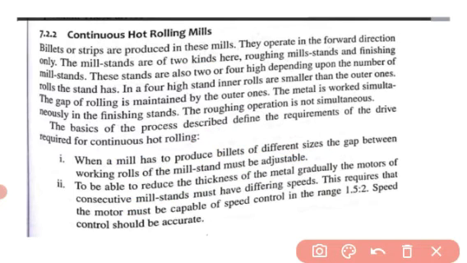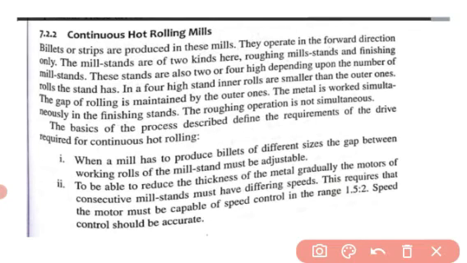Here the mill stands are of two kinds: roughing mill stands and finishing mill stands. These stands are also two-high or four-high depending upon the number of mill stands. Depending upon the requirements, it will be operated.